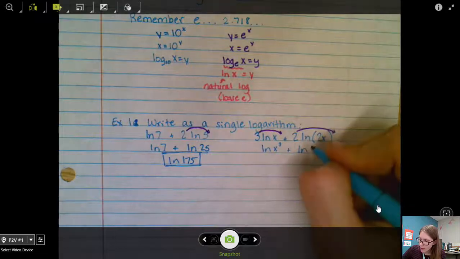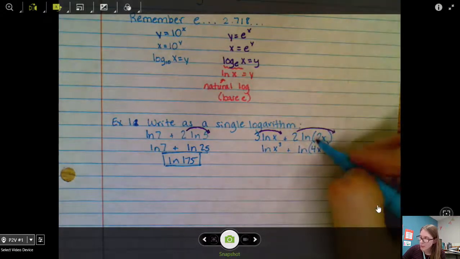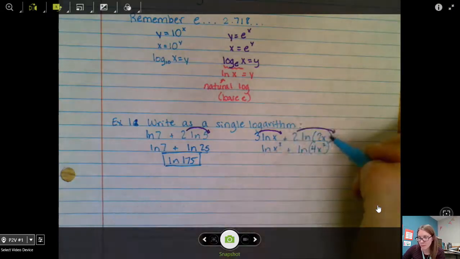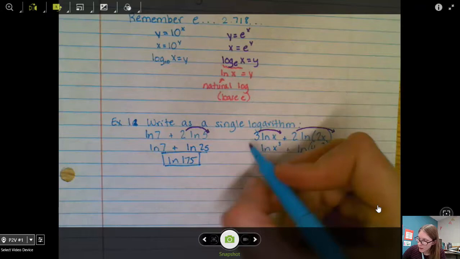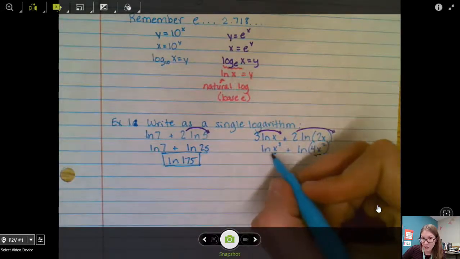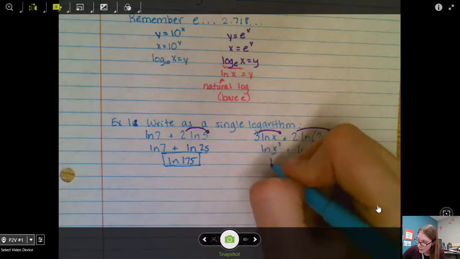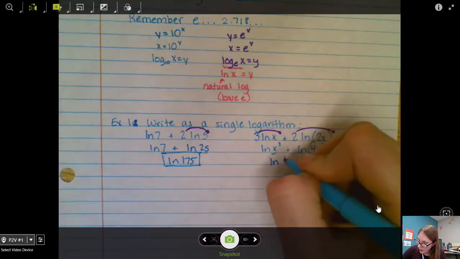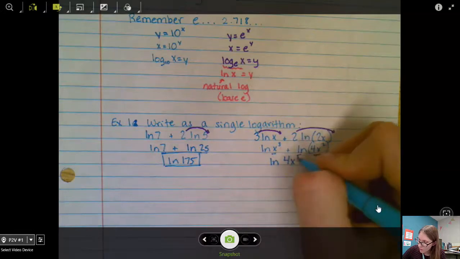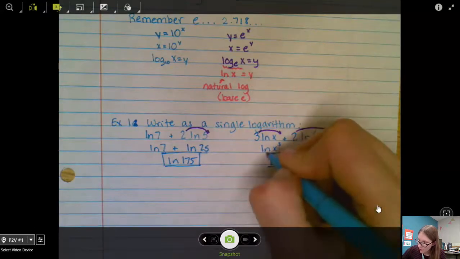That gives me the natural log of 4x squared. Okay, because again the 2 and the x both go to this power. From here, multiply these 2 pieces, because again our log properties say if we have 2 logs added together, we multiply the pieces. We get the natural log of 4x squared times x cubed is x to the 5th. And that is my final answer.